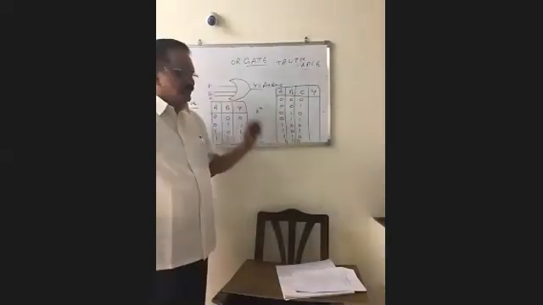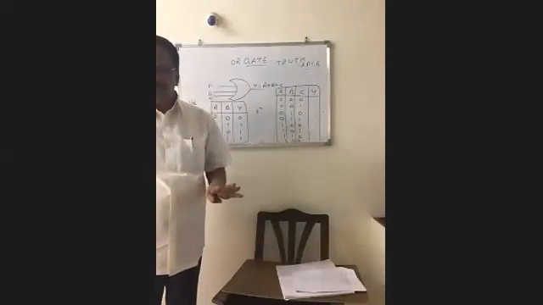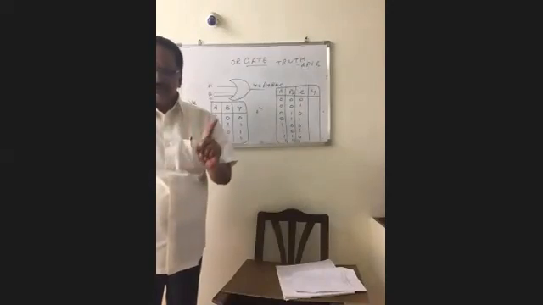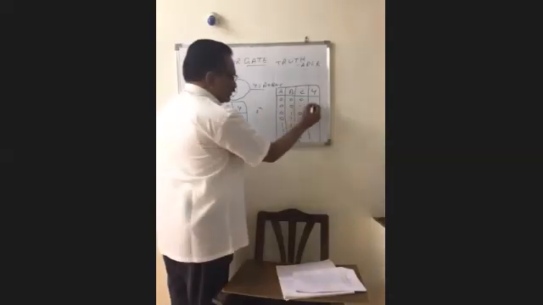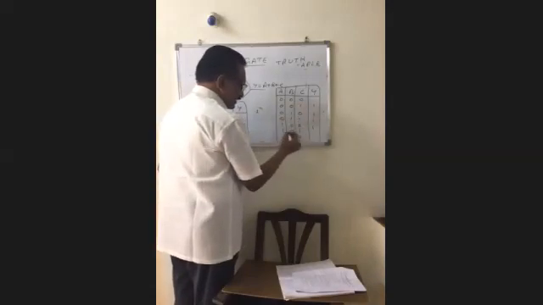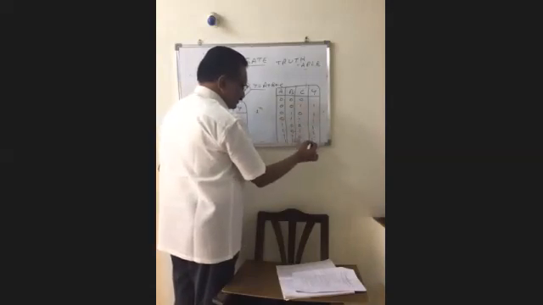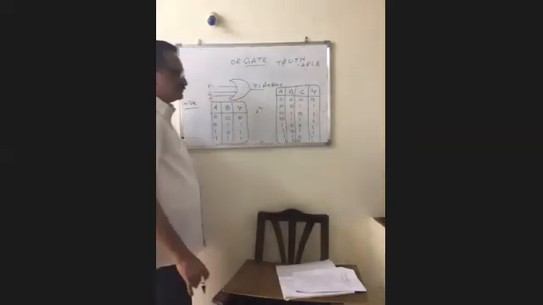What is the function of an OR gate? Whether it is a 2-input gate or 3-input gate, it produces high output if any one input or more than one input is high. When all inputs are 0, it produces a low.